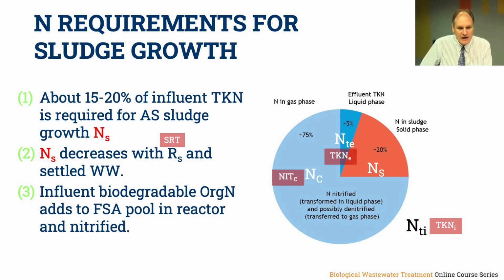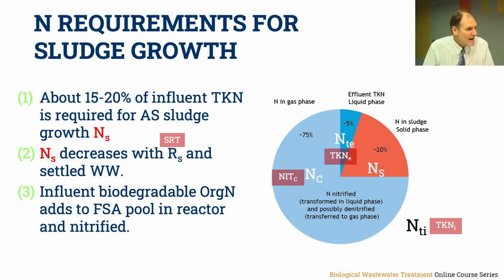But this nitrogen concentration in the influent that satisfies the need for nitrogen for ordinary heterotrophic growth decreases with sludge age and is also lower with settled wastewater than with raw wastewater, as we discussed yesterday.